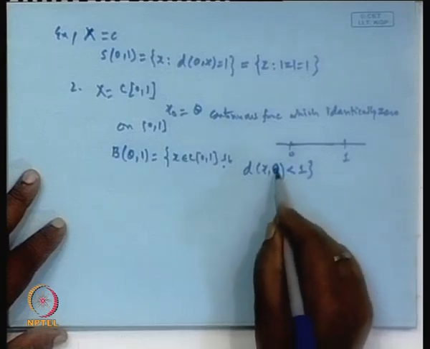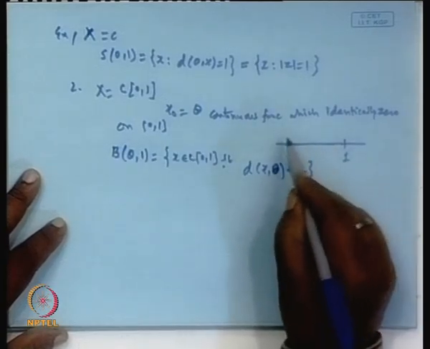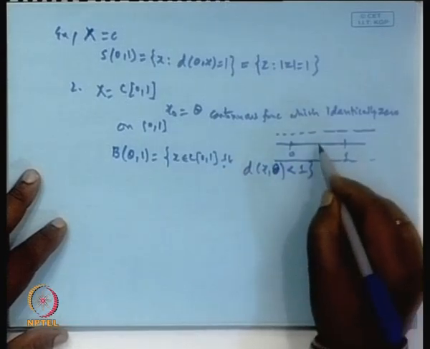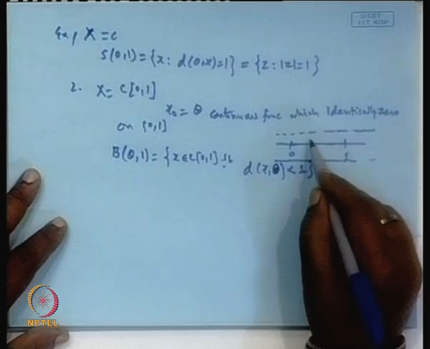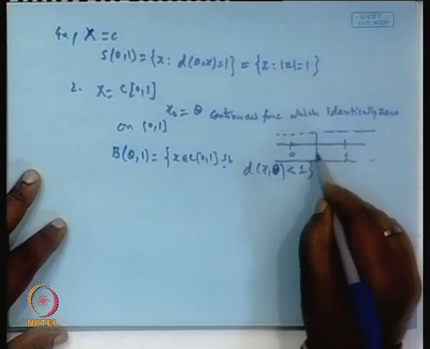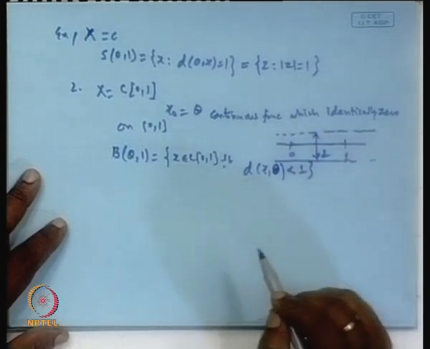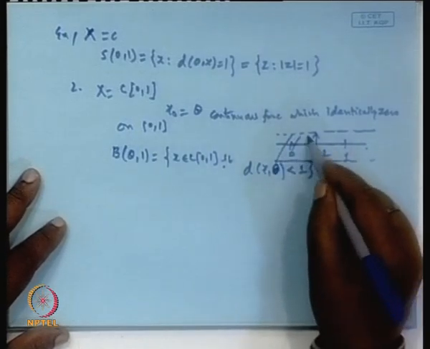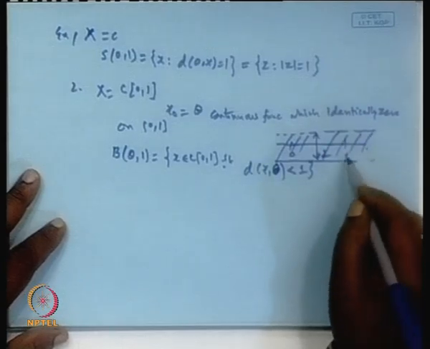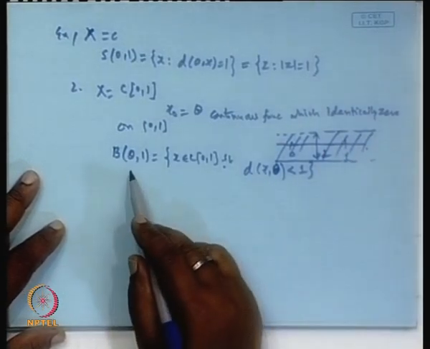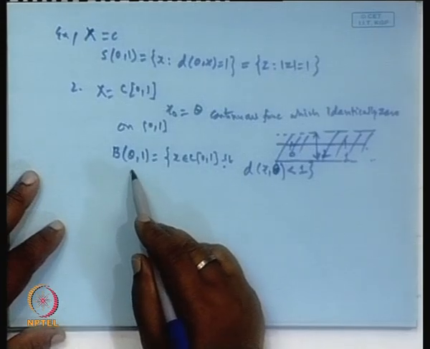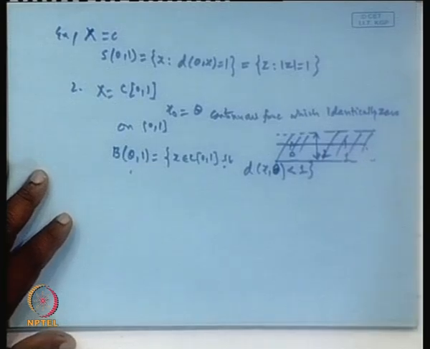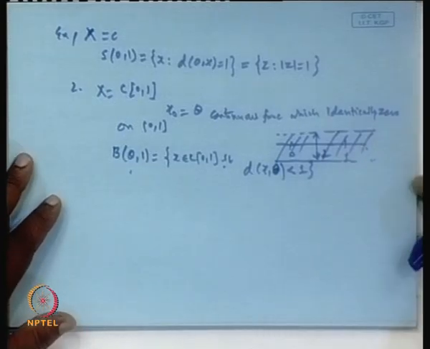Basically, because this is a function, if we draw a strip of width 2 surrounding the axis of x, then all the functions which fall within this range will come in this class, an open ball centered at theta and radius 1. So, these are the examples where you can have a concern.